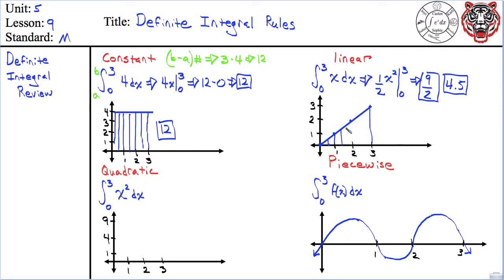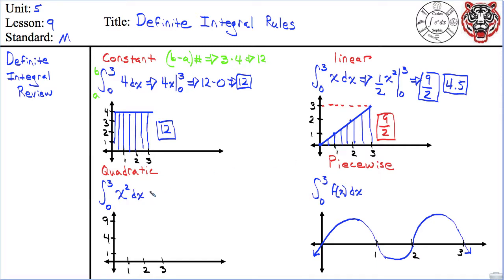Let's go ahead and shade that in. So we're trying to find this area, and of course I always love to make that into a rectangle, so I can't make an error. This rectangle is a 3 by 3, which is 9, and then it's half because it's directly cut in half with a triangle, and that again is 9 halves. The same answer that we got up here, making sure that they are the same answer.